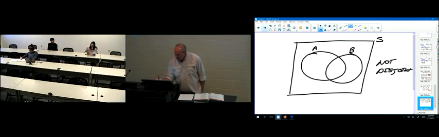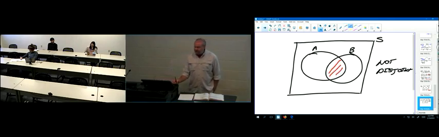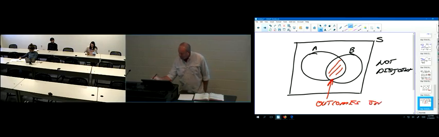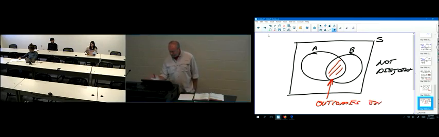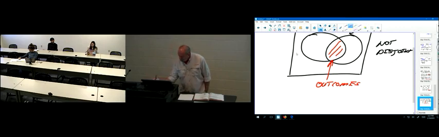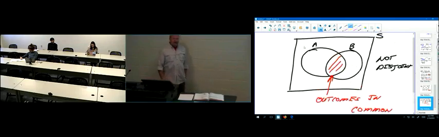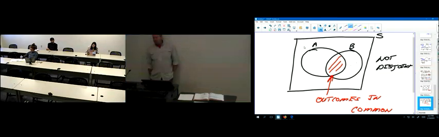Right here, whatever's in that little area of your Venn diagram, those are the outcomes in common. Those are the ones that are in A and they're in B. Those are the ones we were worried about when we were trying to use that little rule back in the previous chapter about the probability of A or B. You would have counted those twice.